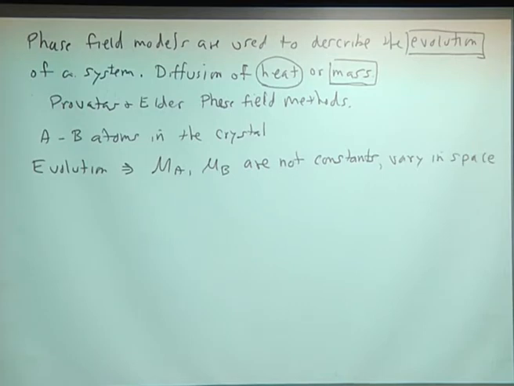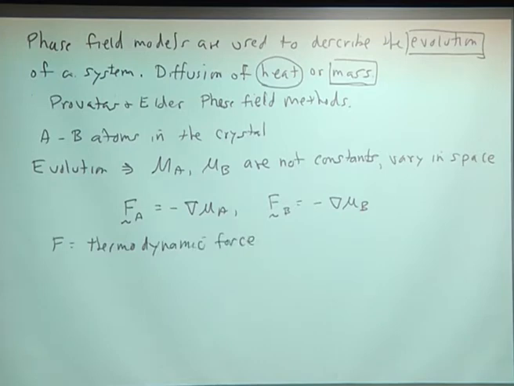And so that means that there's going to be a force, F, on the atom, Fa, which is going to be equal to minus the gradient in the chemical potential of A, and the force on B is minus the gradient of the chemical potential of B. This is a thermodynamic force. Why do you think I chose a minus sign there?